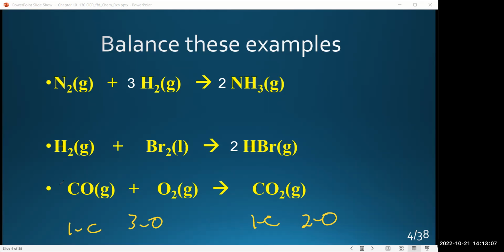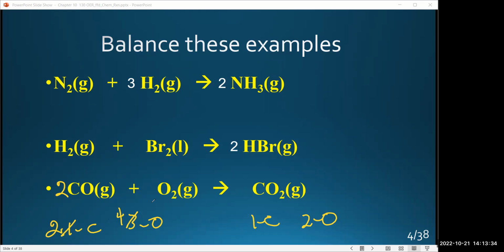Maybe if we put a 2 in front of carbon monoxide, what does that do? Well, that kicks up my carbons to 2, and my oxygens now go from an odd 3 to 4, which is something good to work with if you can use even numbers. Not always the case, but pushing everything to even numbers would help.